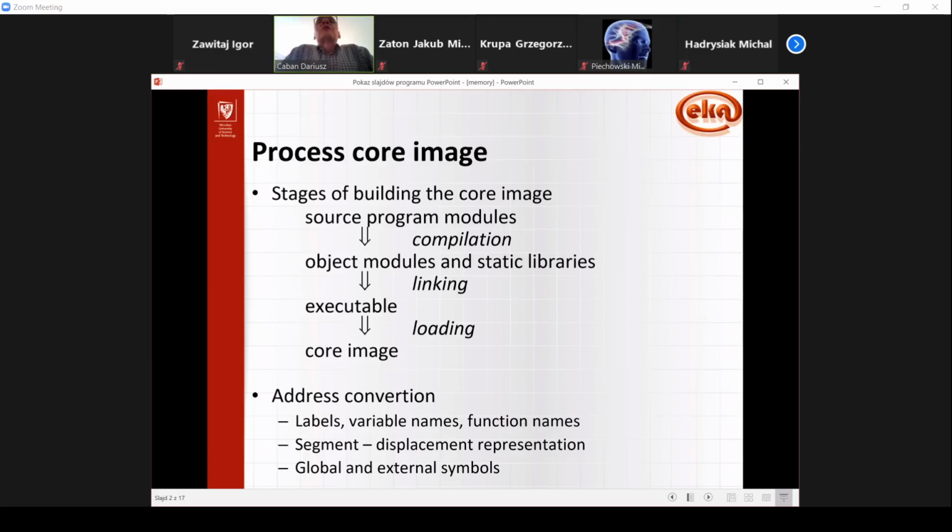Of course, when you add a new module, there may be some external references in that module, so you add them to the global external references table, and there will be some global symbols, and you add them to the global symbols.